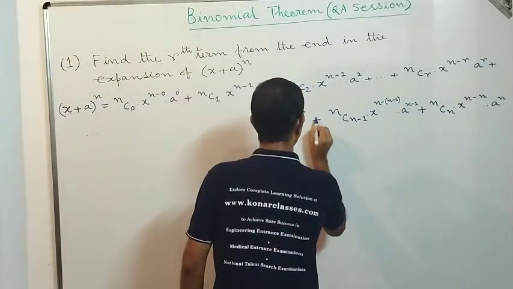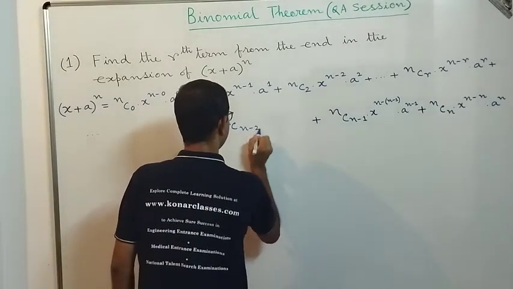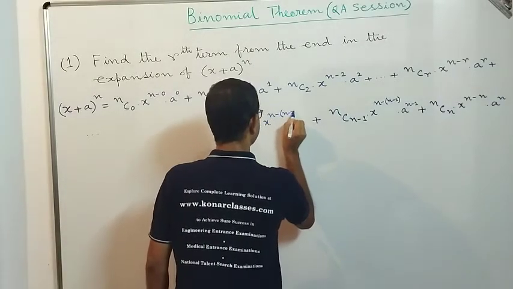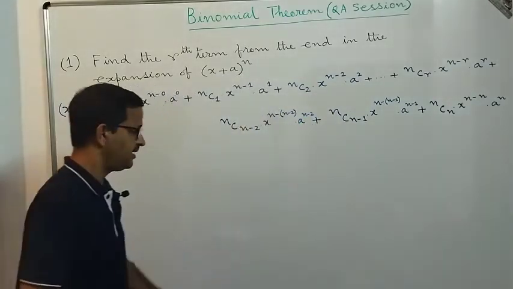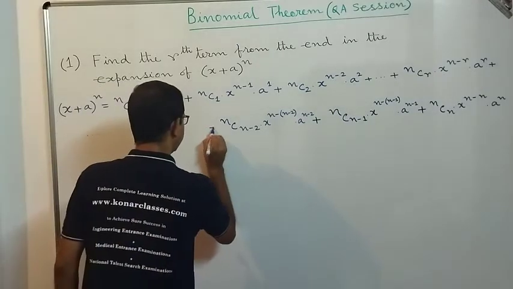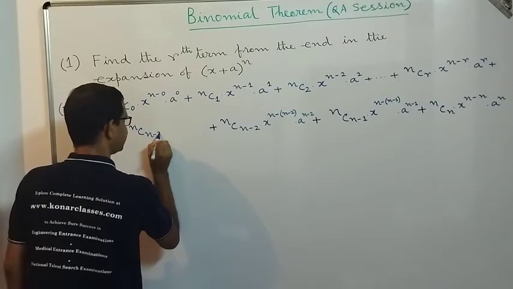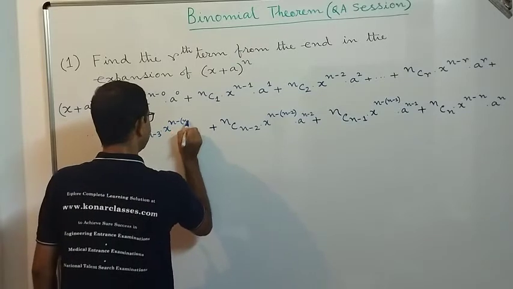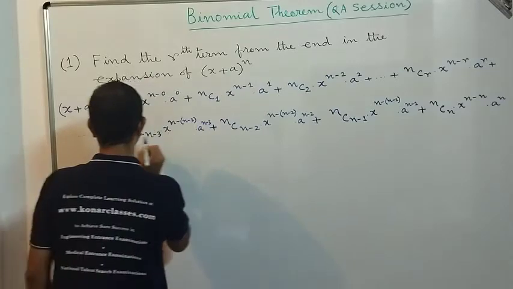Third term from the end will be something like this, that nC(n minus 2) into x to the power n minus 2 into a to the power n minus 2. Correct? What will be the fourth term from the end? Fourth term from the end will be something like this, that nC(n minus 3) into x to the power n minus 3 into a to the power n minus 3.